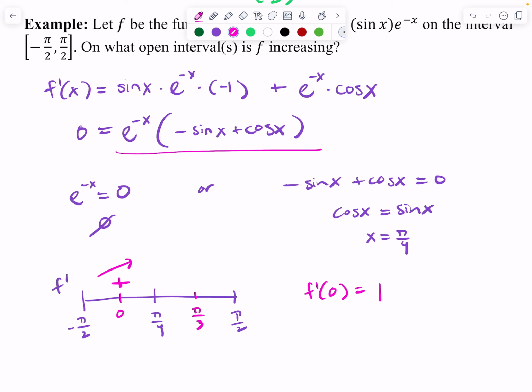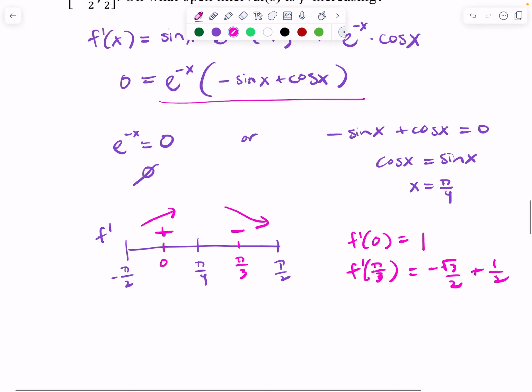And let's just make sure there is a sign change on the next interval. So f prime of π/3. Okay, negative sine of π/3 would be -√3/2 plus cosine of π/3 is 1/2. So that sum is negative. So f would switch to be decreasing.